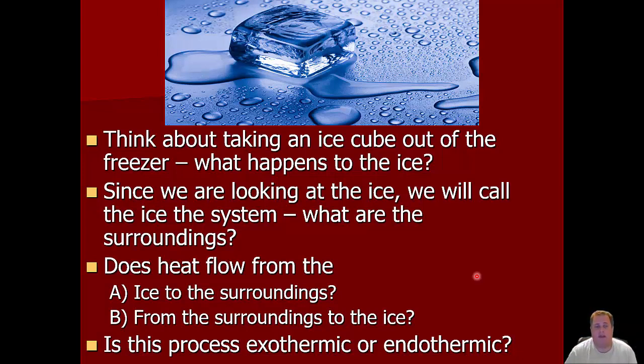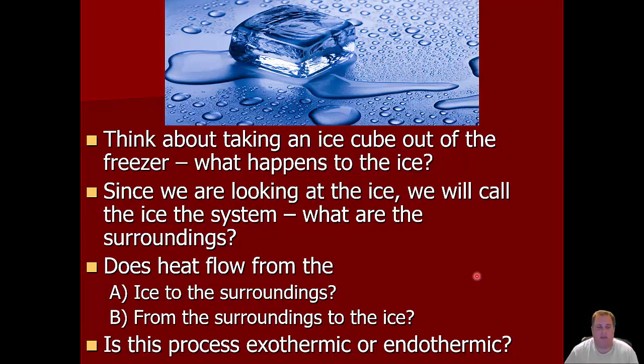So does heat flow from the ice to the surroundings? Well, I guess the first question is, we're also assuming this is our house, and so hopefully your house is above freezing. So if it's warmer around the ice cube, will heat flow from the ice to the surroundings? Well, no. Heat always flows from hotter to colder.